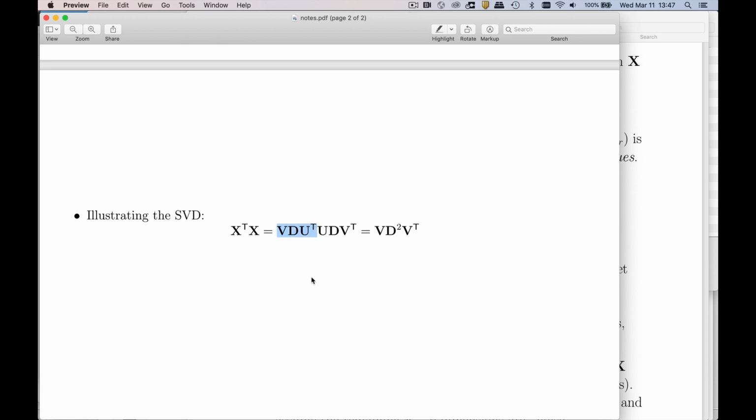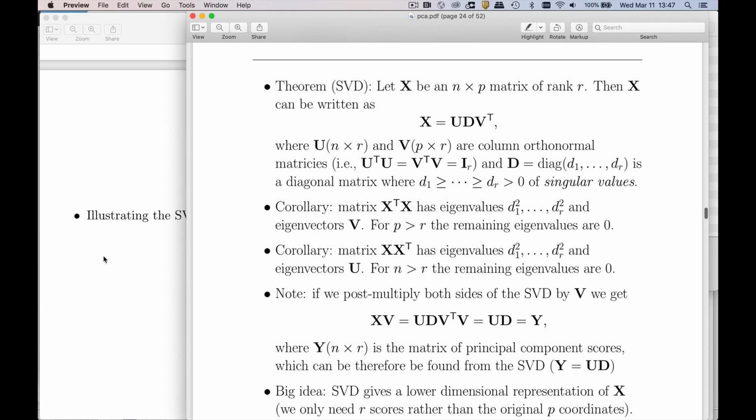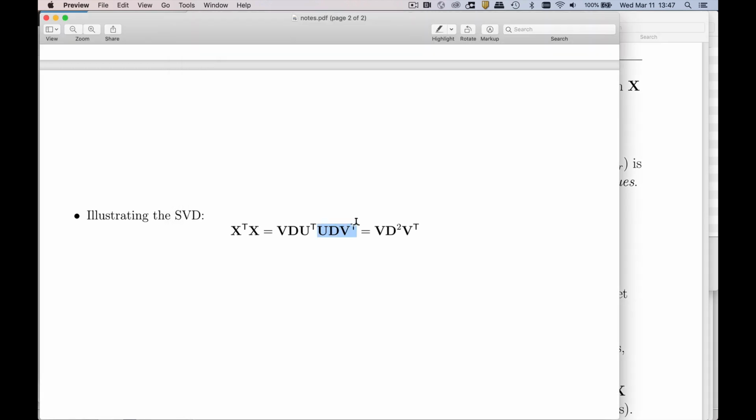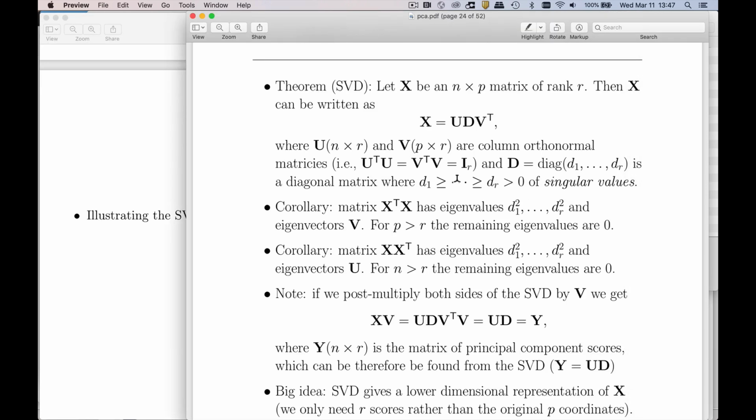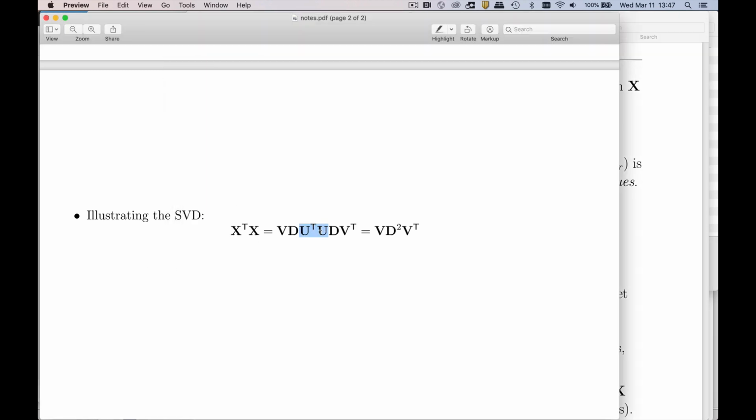When you transpose a product, you reverse the order of the matrices and transpose each of the individual components. This is your X matrix. So where's that coming from? Right here. If this is X, this is X transpose. Now, sitting in the middle is U transpose U, and we've assumed that U transpose U is the identity matrix. So that's like a giant 1 sitting in the middle of this.